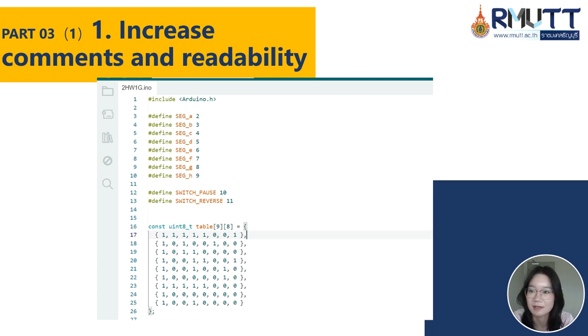This is the first part, pin definitions and encoding table. This code defines the Arduino pin numbers for each segment of the 7-segment display. The encoding table stores the data for whether each segment of the digits 0 to 9 is lit or not.